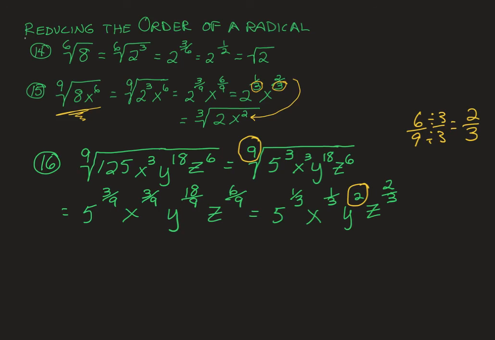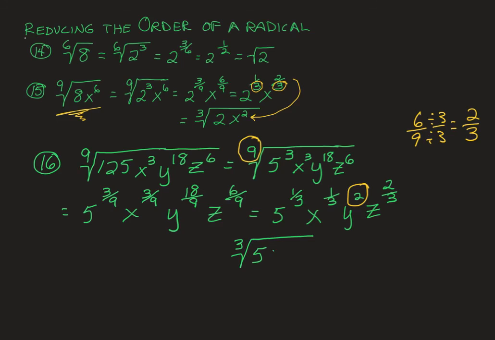We still do have, however, the denominators all the same, 3, 3, 3. So they are all cube roots. They will all go under this cube root. And the numerator of 5 up here is 1. So it goes in there underneath the radical. 5 to the 1/3 becomes the cube root of 5.